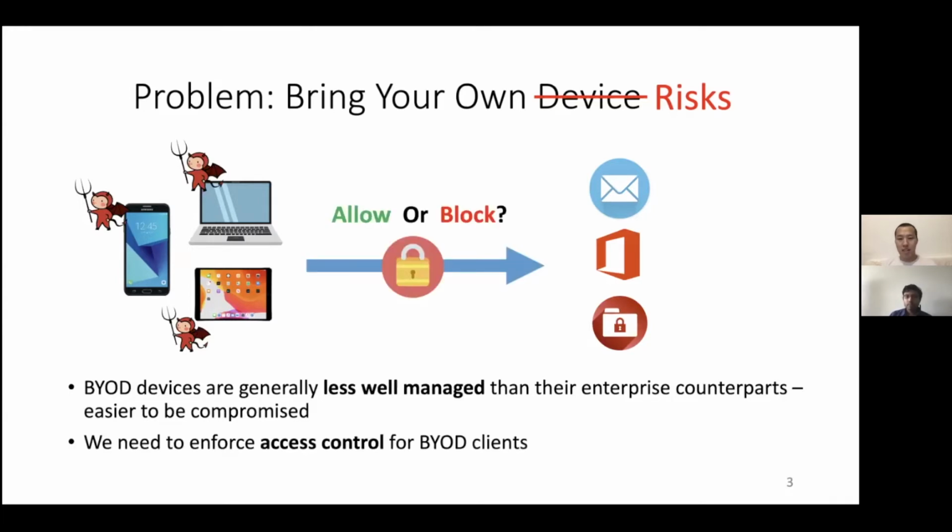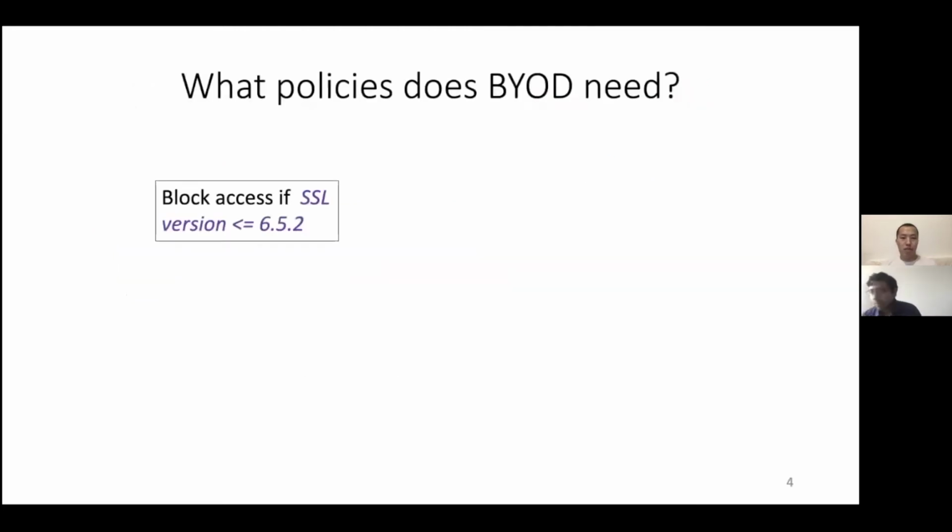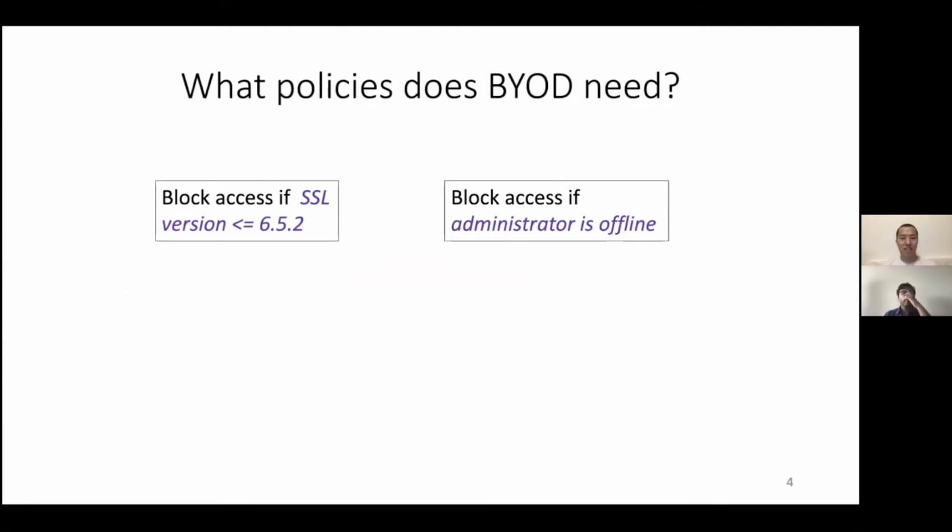When they request sensitive data, we have to answer the question whether we should allow or block this request, right? So people have developed a variety of BYOD policies to enforce this access control, such as block access if your library is outdated, or block access if the administrator is offline, for instance, it's not a working time.